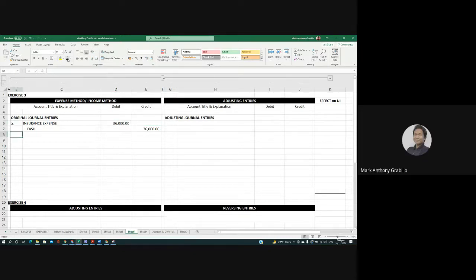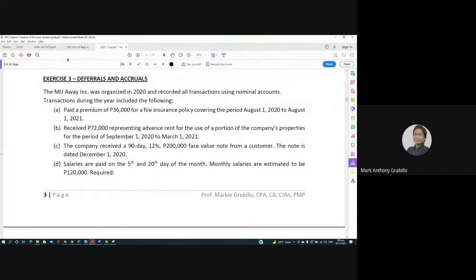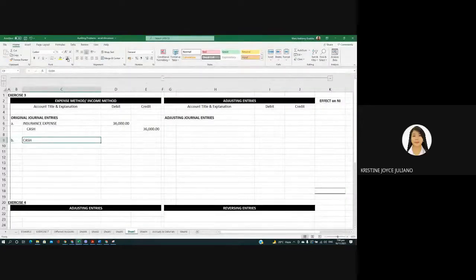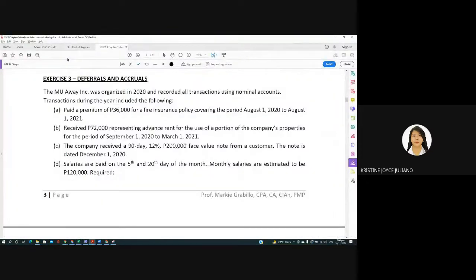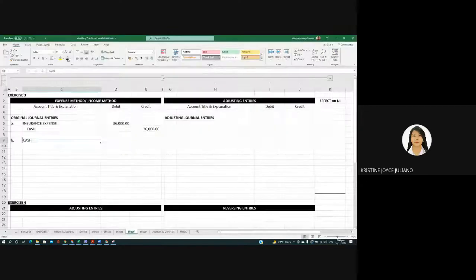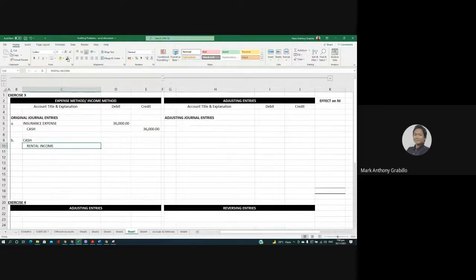So letter B, what will be your answer sa letter B? Debit? Cash. Naka-receive siya ng 72,000. Debit cash. Credit rent revenue, or rent income. Magkano po? 72,000. All right. That's correct.